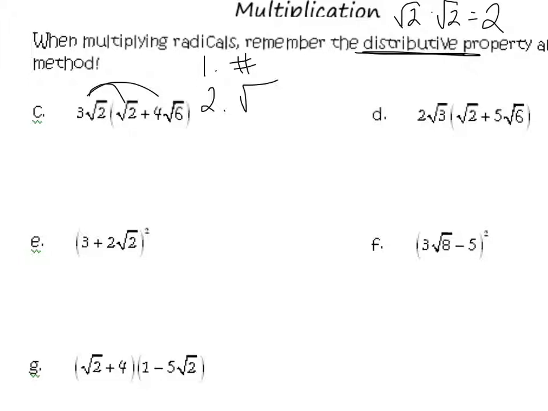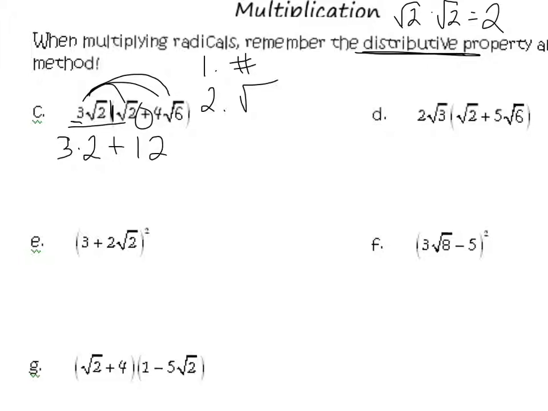Remembering to distribute, we've got 3 times that invisible 1 in front, which is 3. And then we multiply the square roots. So we've got square root of 2 times square root of 2, which is just 2. And since everything was multiplied before, you keep the multiplication between things here. Now we've got a plus, and we distribute it. Okay, we've got 3 times 4, 12.